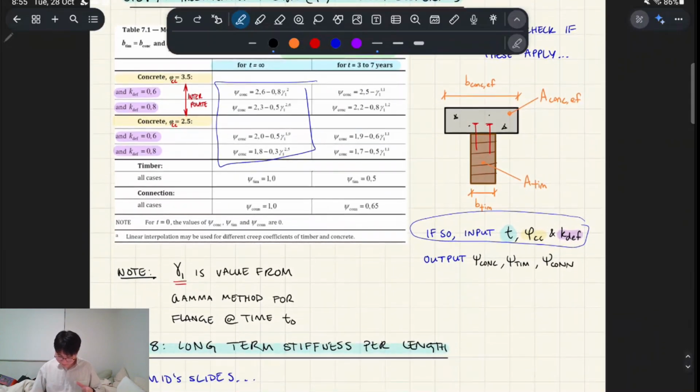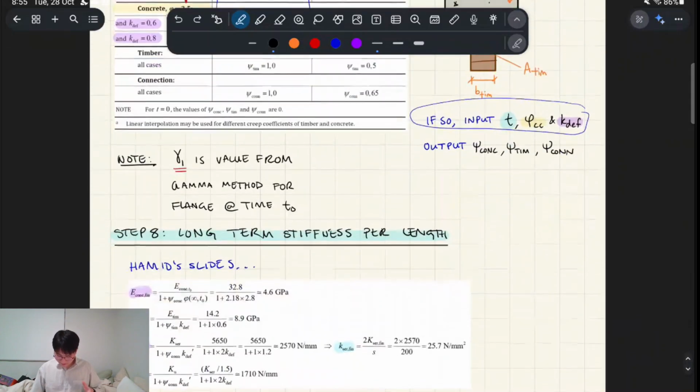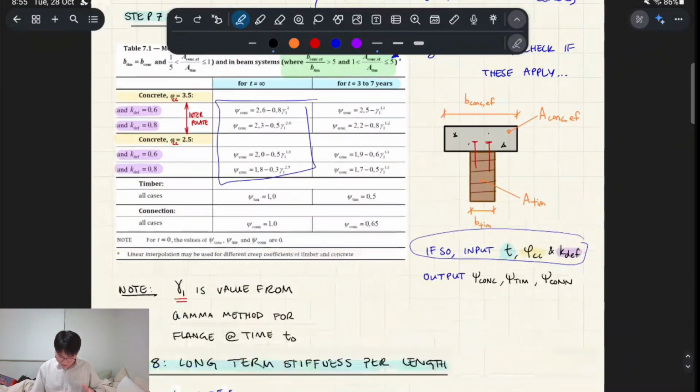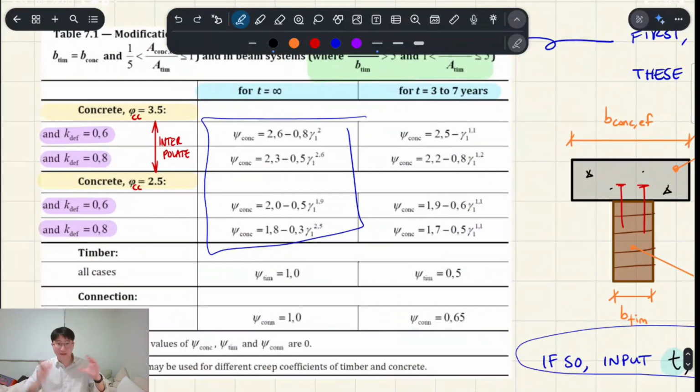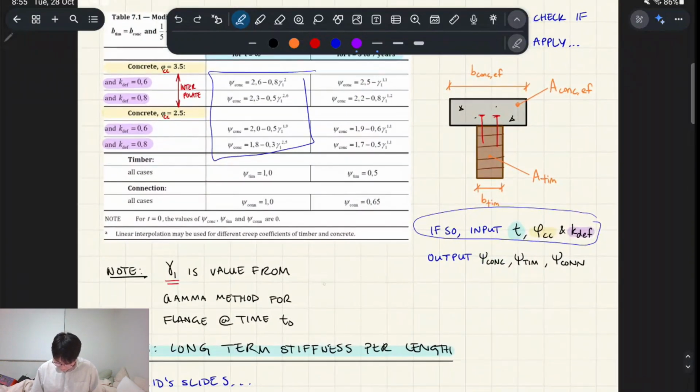And so, yeah, we're gonna need these basically. And you have to interpolate it if it's a number in between, right? So if it's 2.8, see an XY graph.